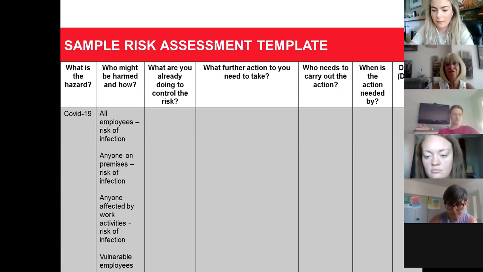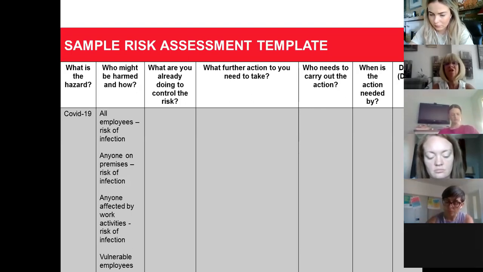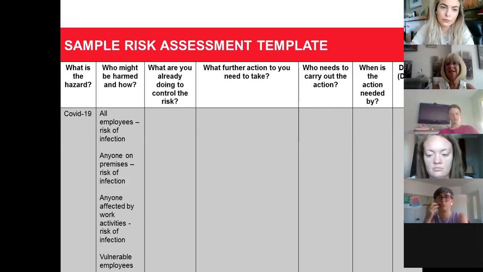So this could be, for example, a pregnant employee, who would again be put into a particularly vulnerable category. It might be employees who have underlying health conditions, for example. So again, you might need to take more action to look after those employees. So it's very important for you to understand who your vulnerable employees are. So that's the first stage: understand who you're trying to protect here.